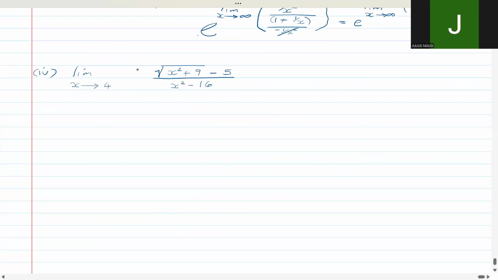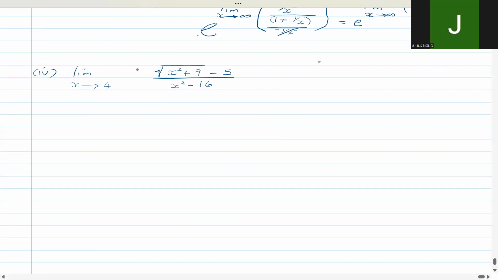Finally, for part 2, we do the limit as x approaches 4 of the square root of x squared plus 9, minus 5, divided by x squared minus 16. Step number 1 is always to see whether you can simplify.